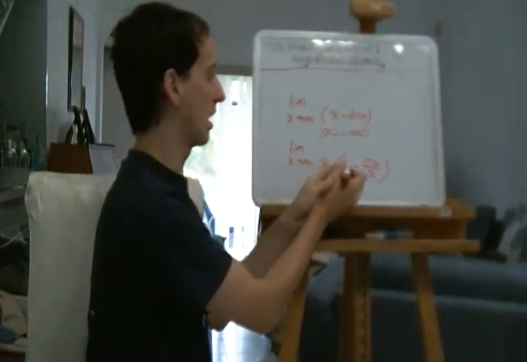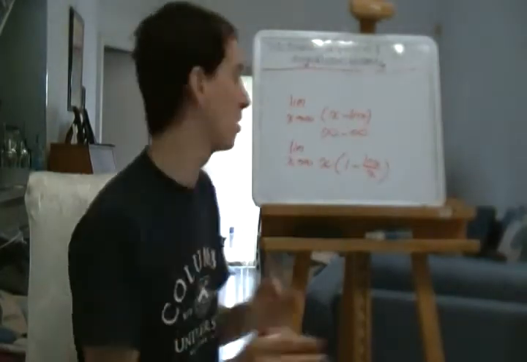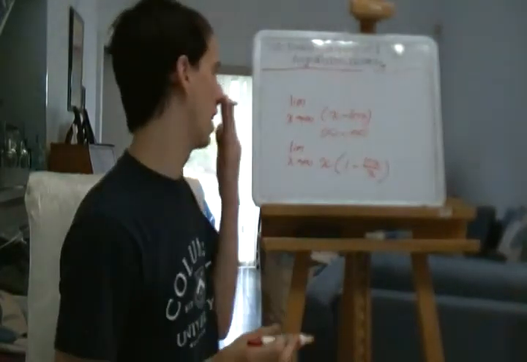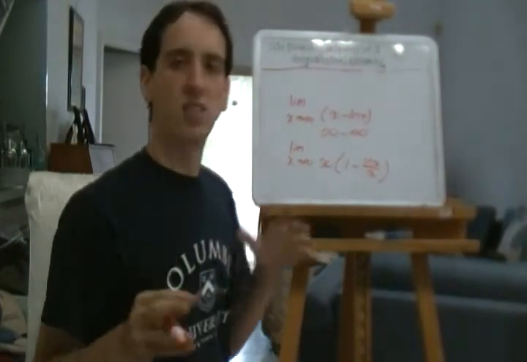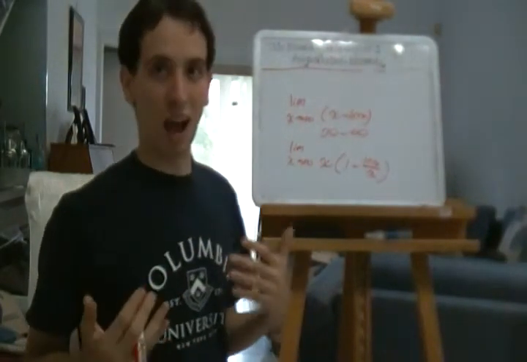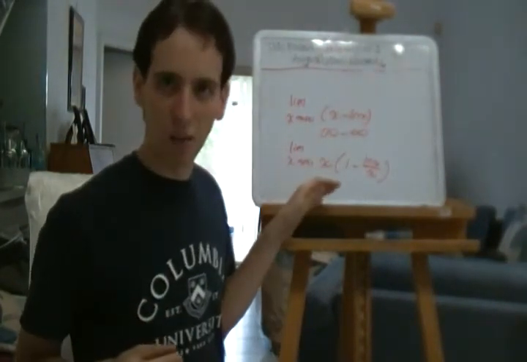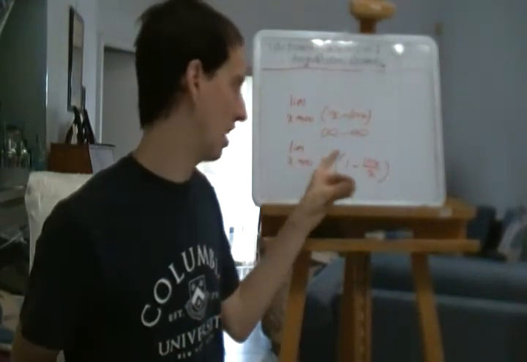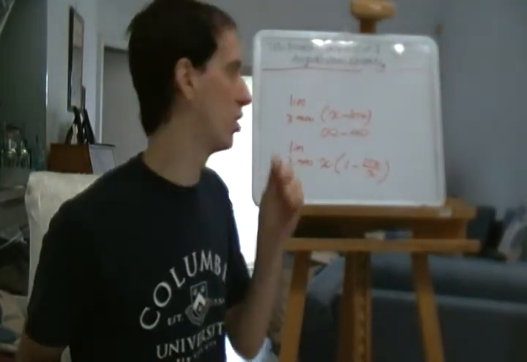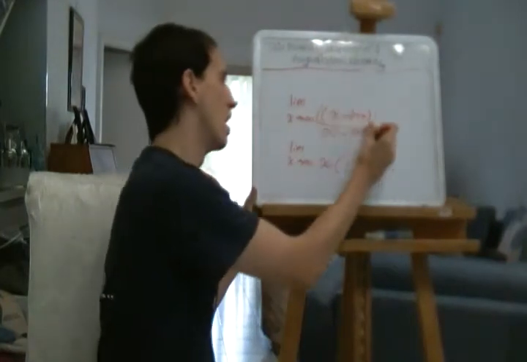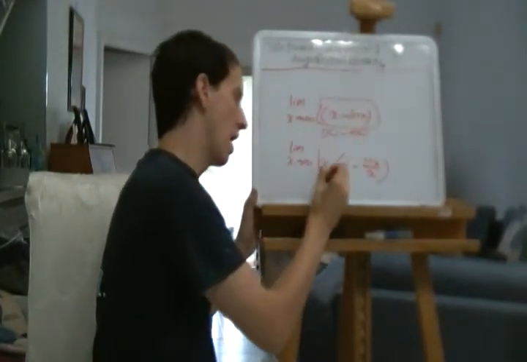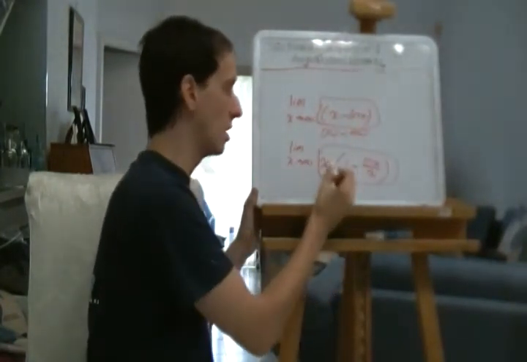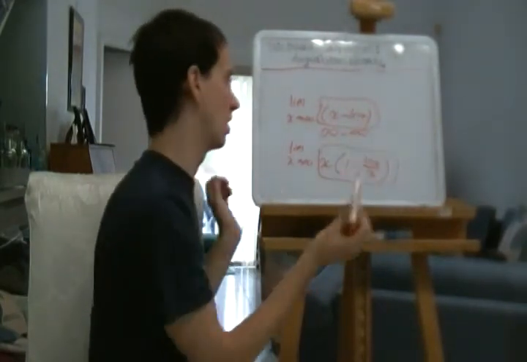X times x minus ln x over x is the same thing as x minus ln x. That's an algebraic trick that if you got it, you probably got this right. We're not done yet, but that's the key observation to make, that this is the exact same as this. If you don't believe me, go ahead and multiply by x and you'll get this.